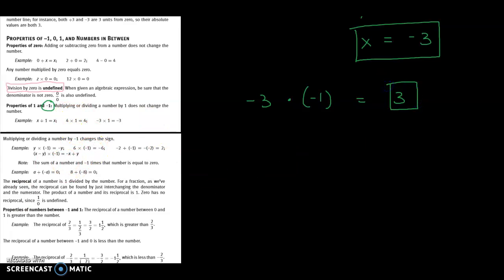Okay? Then, the next thing that we want to talk about is reciprocals. The reciprocal of a number, this is a vocab thing. If you have something that says reciprocal, all that means is flip the number upside down. That's it.